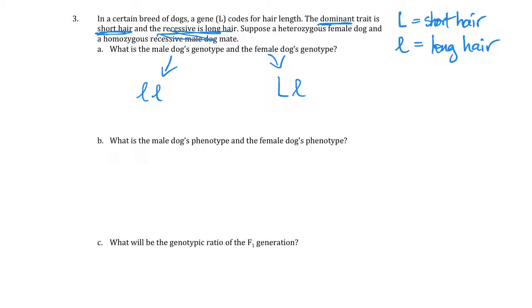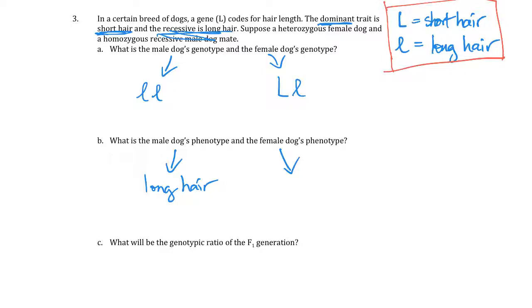B, what is the male dog's phenotype? Okay, so the male dog's phenotype with small l would be long hair. And if you look at our guide on the right here, and this is why I wrote it down, to make sure I kept track of that, because otherwise it can be confusing just trying to memorize what went on earlier in the problem.